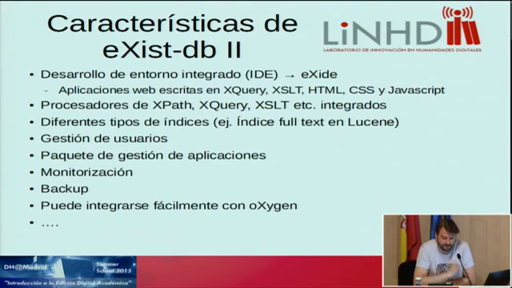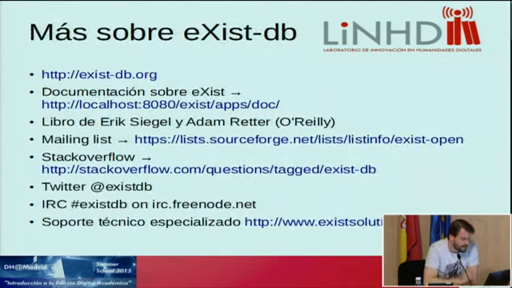This is also very useful. And it integrates very nicely with Oxygen. You can connect the Oxygen XML editor to eXist and work directly from Oxygen in the database. But this I won't show today.